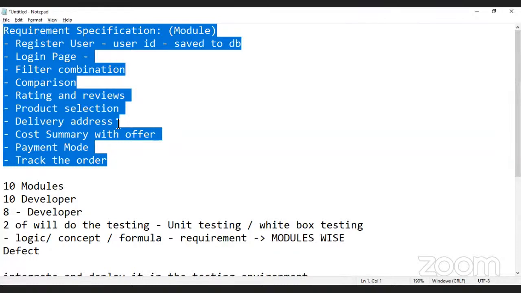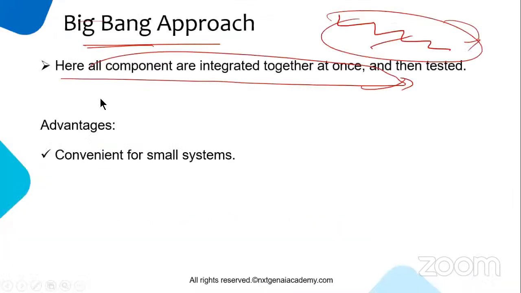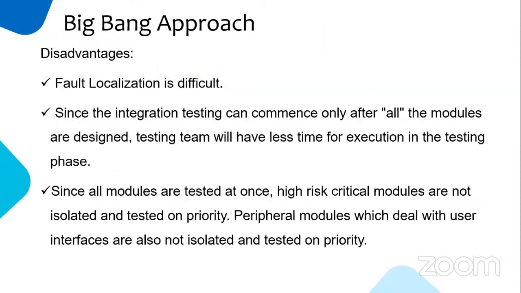What you have to do is test the entire application. That is called the Big Bang approach. Actually, this is good if it is a small system, but if you have a very big, large scale application, it is not at all easy. So we have drawbacks here.